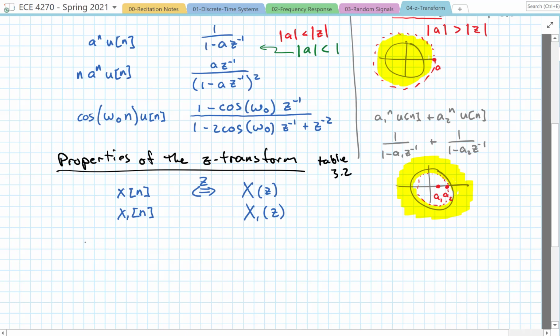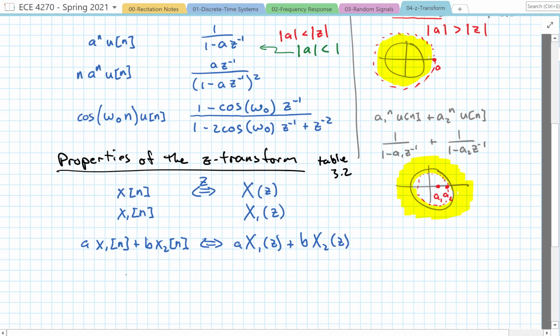So our first major, very useful property is the linearity of the Z-transform, which is just what you might expect, like that.